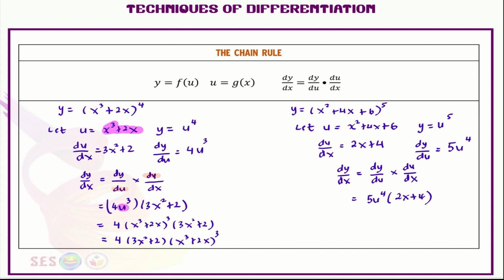We cannot leave the final answer in terms of u because the original question does not have u, so we should substitute back this u with x squared plus 4x plus 6. So we should have 5 times x squared plus 4x plus 6 to the power of 4, times 2x plus 4. Let us rewrite again. The final answer should be 5 times 2x plus 4 times x squared plus 4x plus 6 to the power of 4, and that will be the final answer.